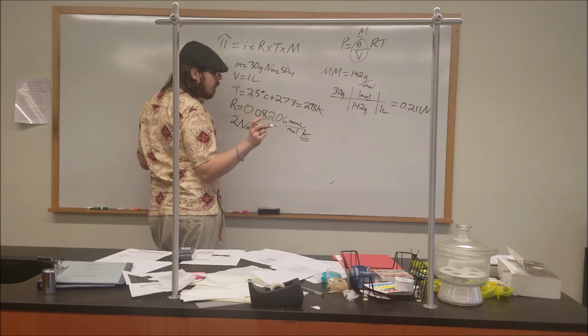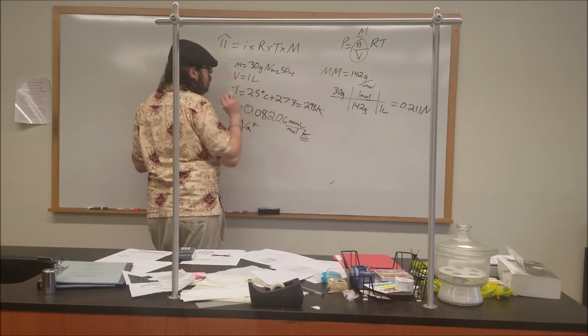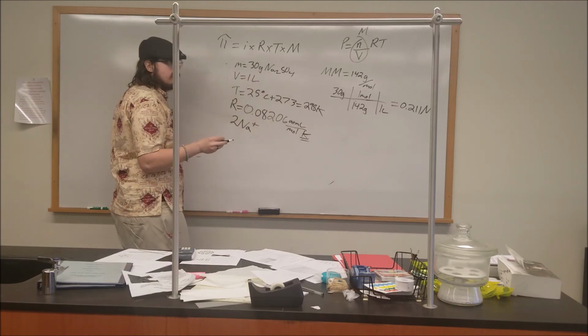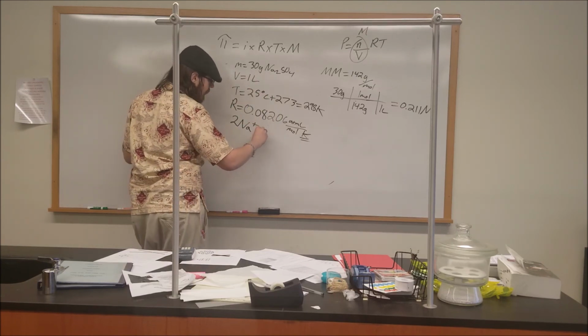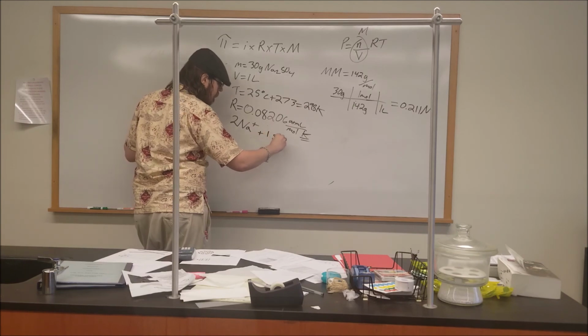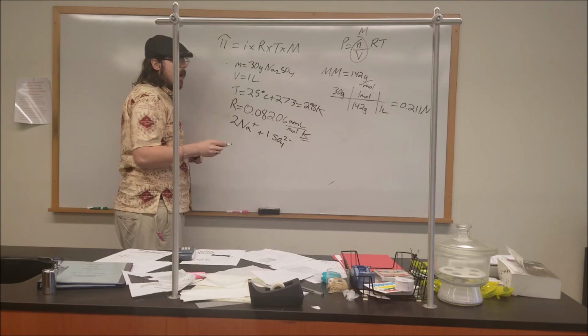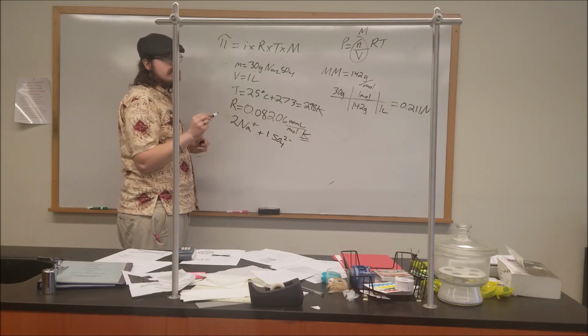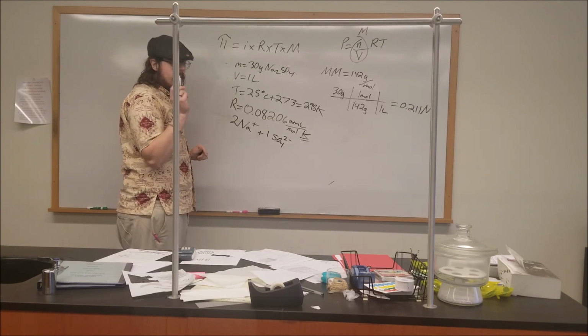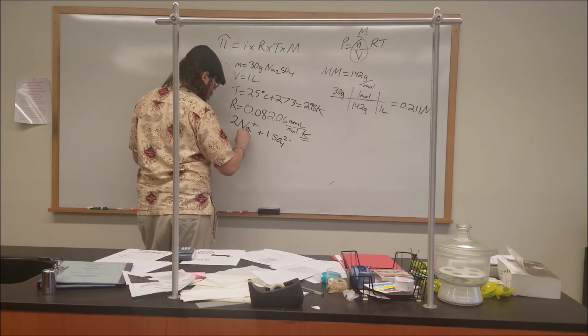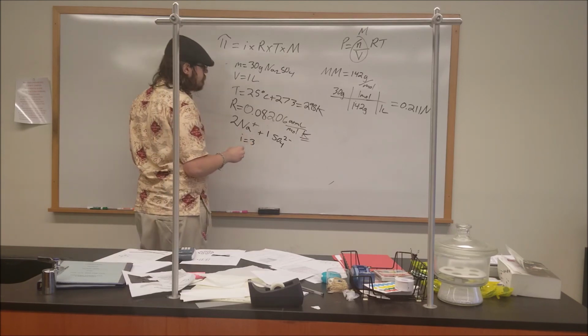Now don't be overly chalk happy. Even though we have 1 S and 4 O's, that sulfate will remain an individual unit of SO4 2 minus. So how many ions would form upon dissolution? We would form 3 ions. So i is equal to 3.